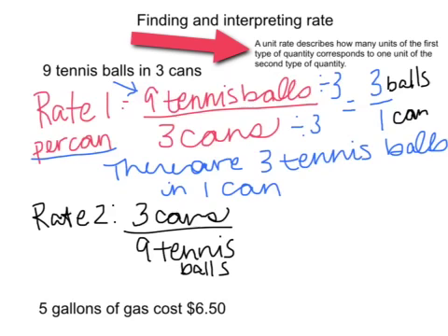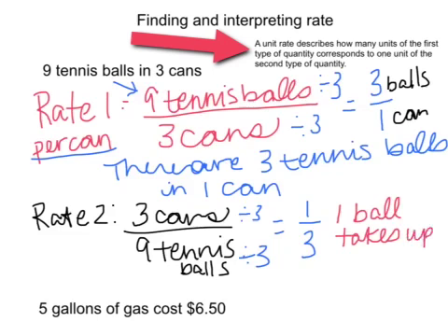So I need to, again, do my division and reduce my fraction. So I divide by 3, and I divide by 3, and I get 1 over 3. So this is saying, my interpretation once again, is that 1 ball takes up 1/3 of a can.